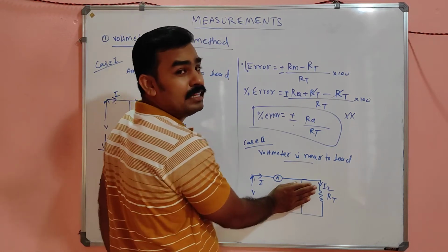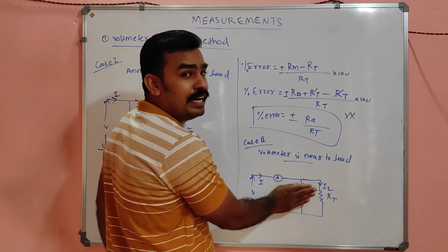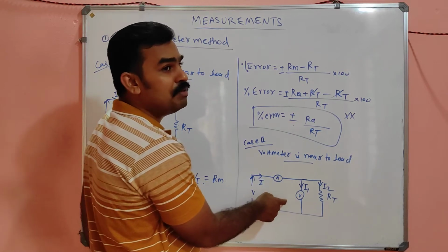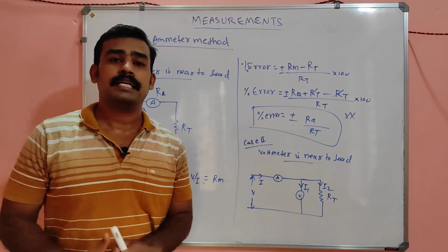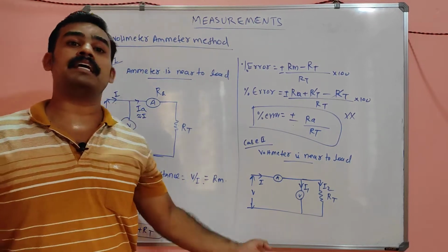Our aim is to find the error due to the voltmeter also. So we can't neglect that voltmeter. We can't say that the voltmeter carries no current. If I assume like that, it will be an ideal voltmeter.